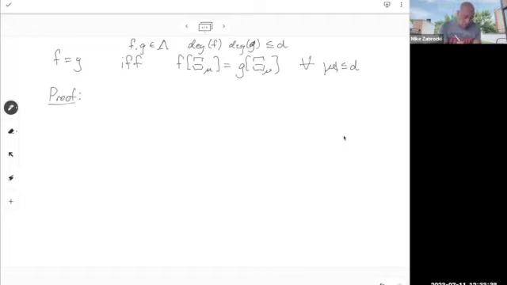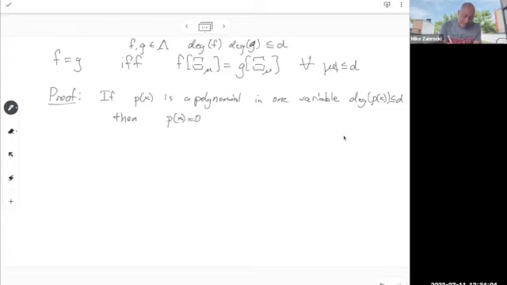If P of X is a polynomial in one variable, and the degree of P of X is less than or equal to D, then P of X is equal to 0 if and only if P of 0 is equal to P of 1 is equal to P of D is equal to 0, right?